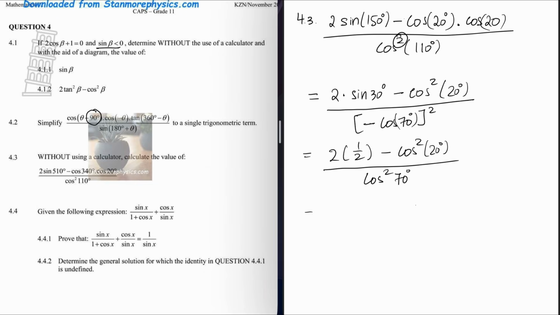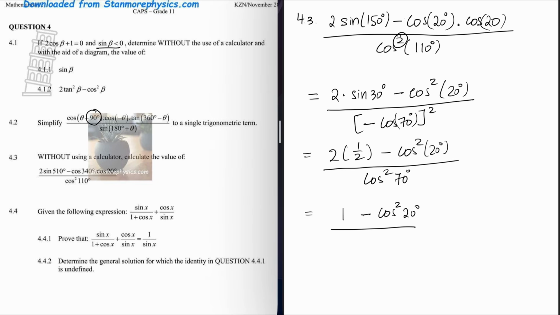And so now we have 2 times a half, which is 1, minus cos squared 20 divided by. Now, we need to simplify this as much as possible. So the cos squared 70, on its own we can't simplify, right?